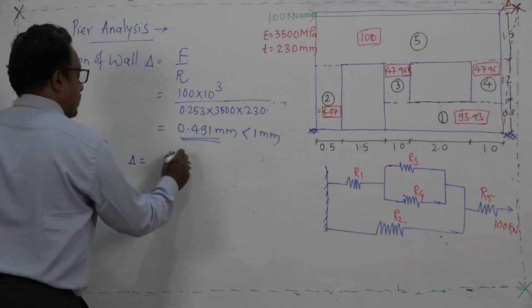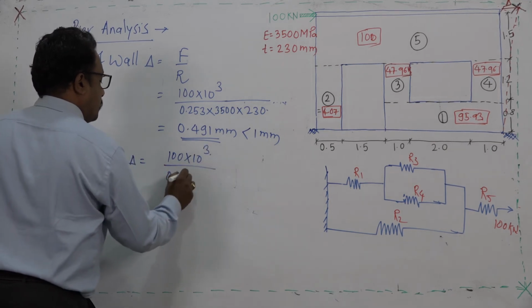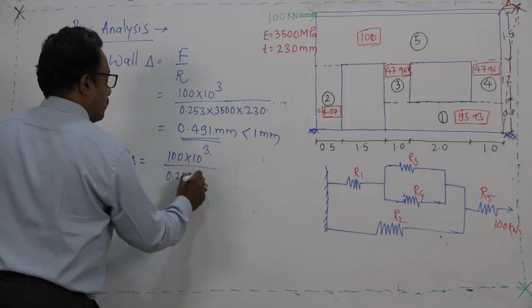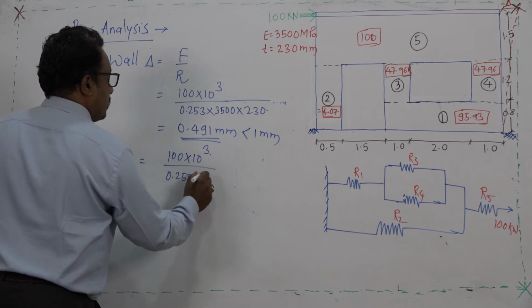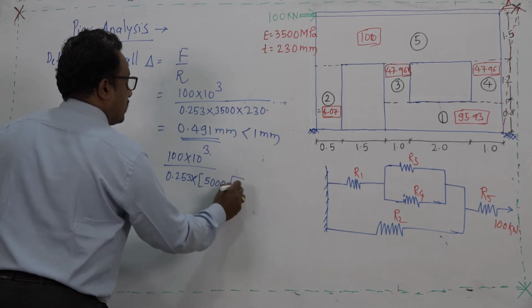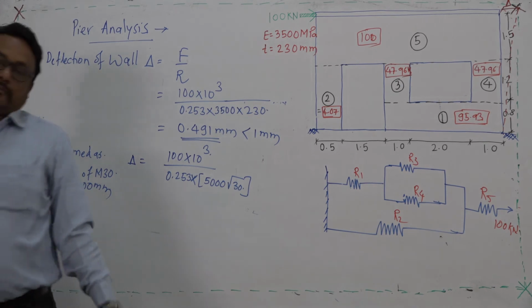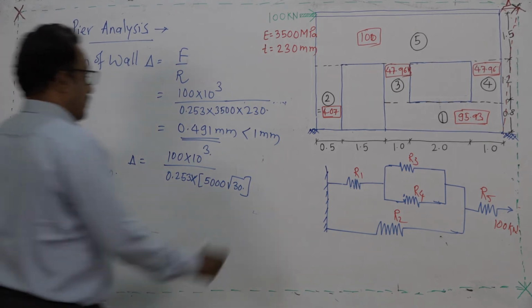So, it is 100 times 10 to the power 3 divided by 0.253 into, here it will now change. So, it will become 5000 under root 30. So, 5000 under root FCK will be the value of E in case of concrete, multiplied by 100.